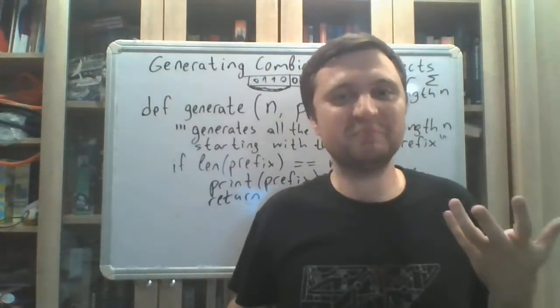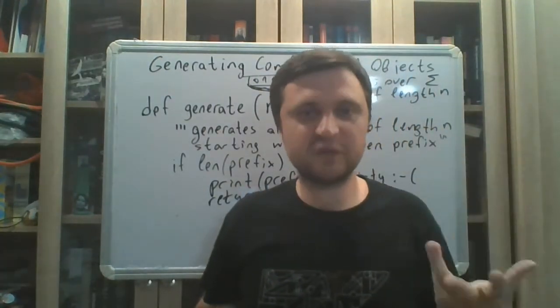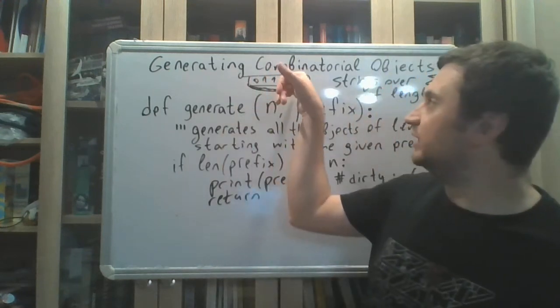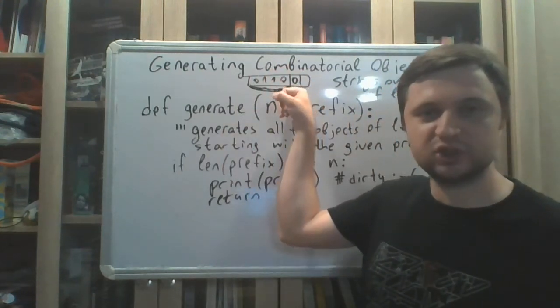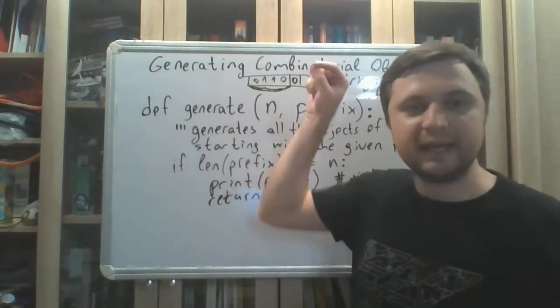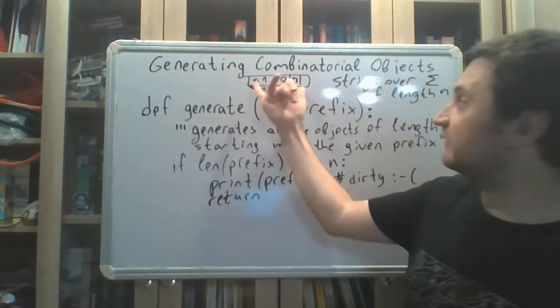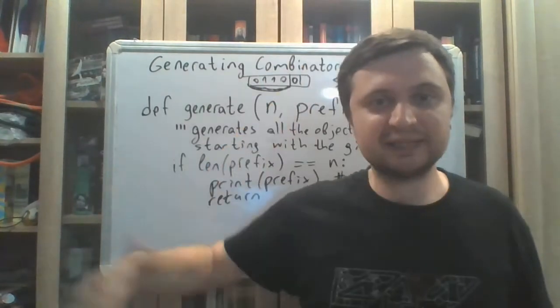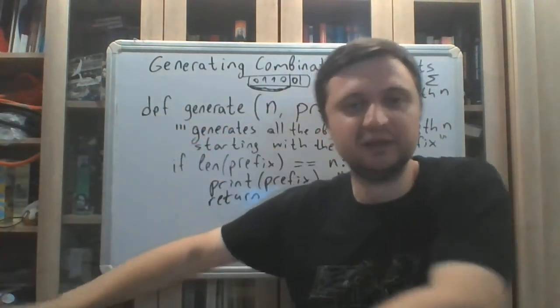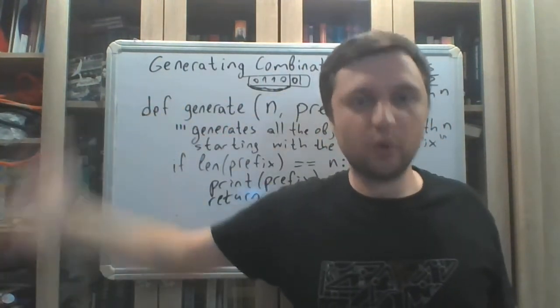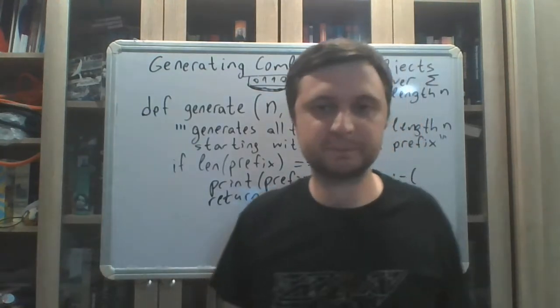And that's the main idea of generation of combinatorial objects. You iterate over possible letters or digits in this position, and for each specific letter or digit, you say, okay, I've got a new interesting prefix, let somebody of the next level print all the objects with such a prefix.